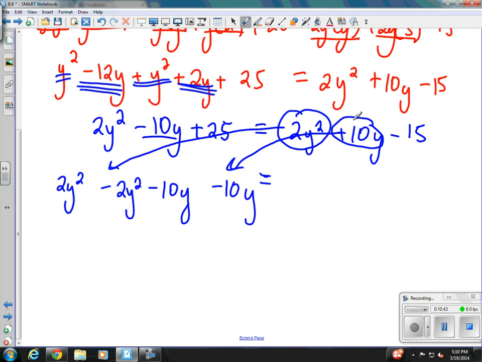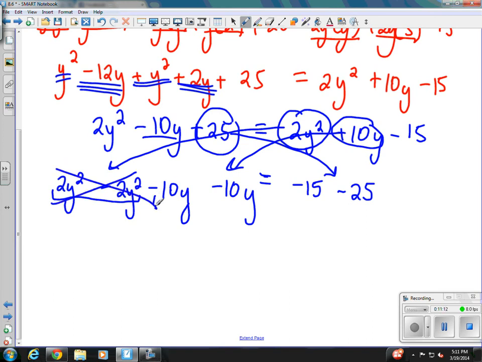Now, all my variables are on the left, so I put all the numbers on the right. So I have a negative 15 already on the right, and a plus 25 that's going to come over to the right and become a minus 25. So now that I have everybody right where they need to be, I combine like terms. So 2y squared minus 2y squared gives me 0. So I don't have to write it. It cancels out.